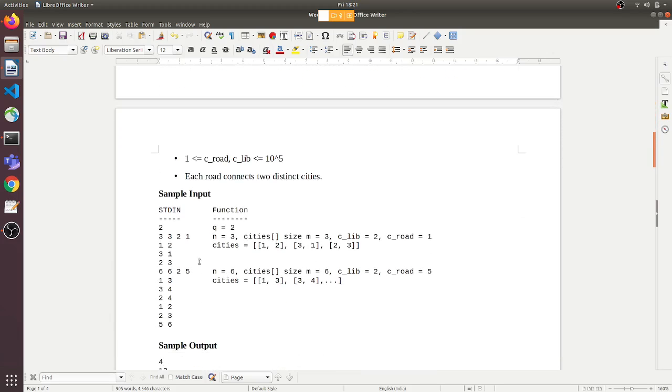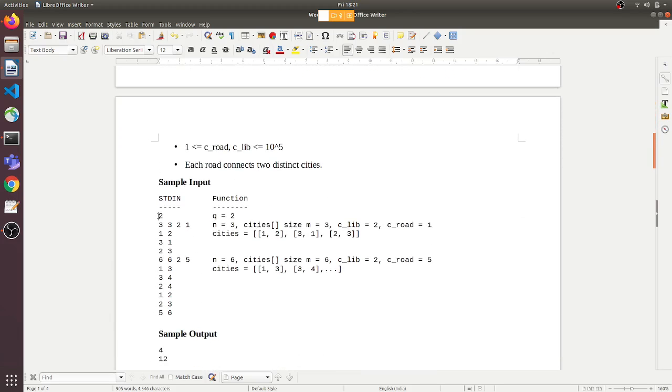For example, this is one of the sample inputs. Consider only this. There are 2 test cases here, or 2 queries, and this is the first query. Here the first integer is 3, meaning there are 3 cities. Then there are 3 roads that can be constructed. Cost of library is 2, cost of road is 1. Then cities 1 and 2 can be connected, cities 3 and 1 can be connected, and cities 2 and 3 can be connected.